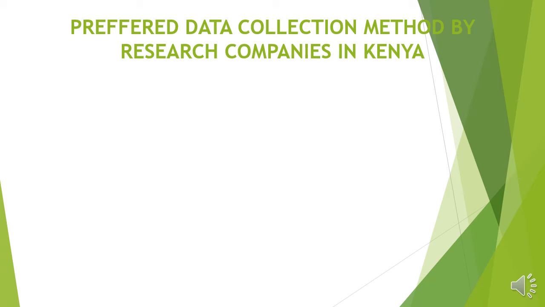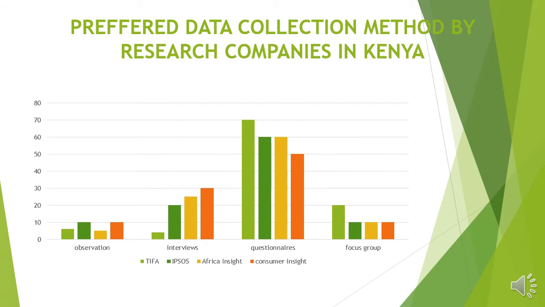Next, I want us to see a demonstration where I focused on the four data collection methods we've looked at: observation, interviews, questionnaires, and focus groups. I focused on four main research firms in Kenya: TIVA, Ipsos, Africa Insight, and Consumer Insight.